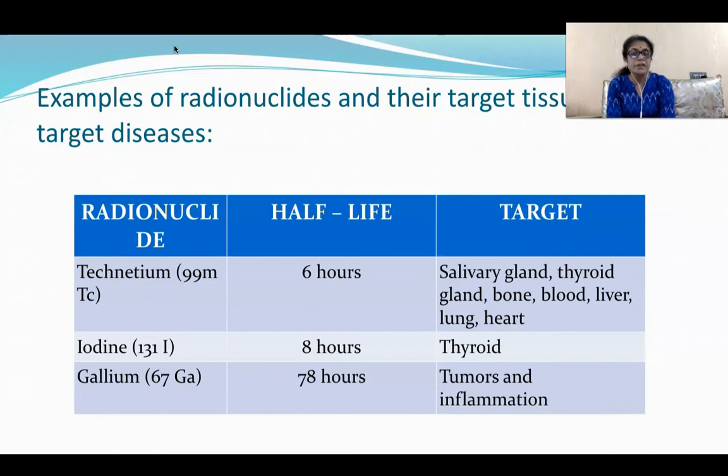Then there is radioactive iodine, that is iodine-131. Its half-life is 8 days and its target is the thyroid. Then we have gallium-67. Its half-life is 70 to 80 hours. Its targets are tumors and inflammation.